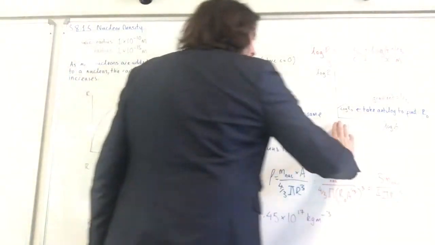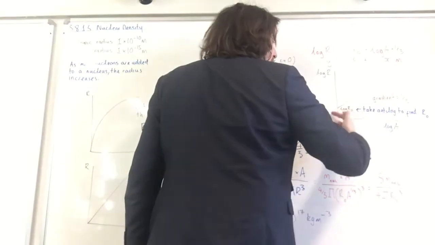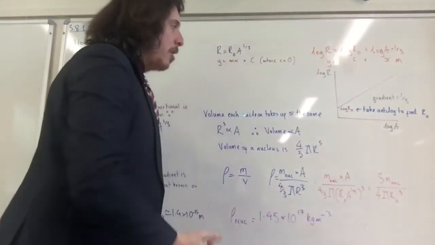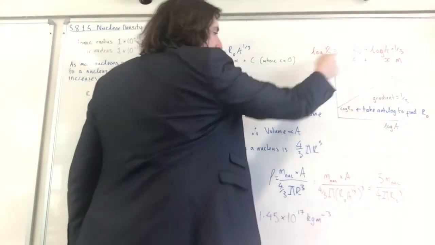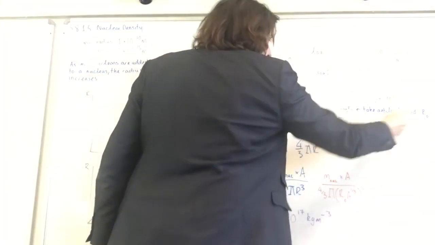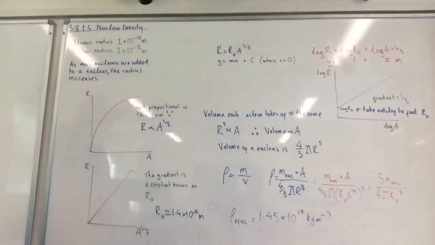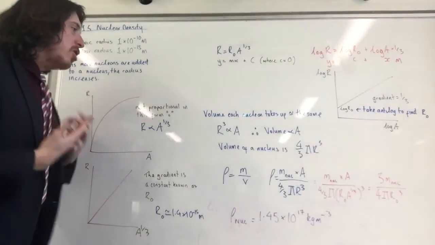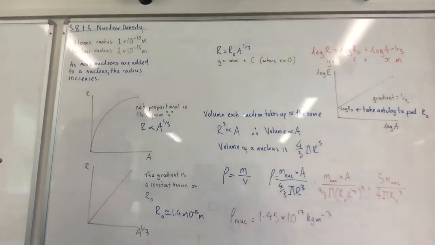Log of A is your x, okay, which means that your gradient has a value of a third. The y-intercept would be the log of R0, and to find out what R0 is, you'd have to take an anti-log of that value.